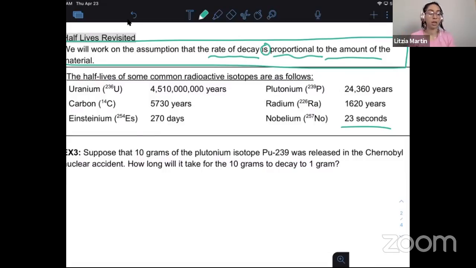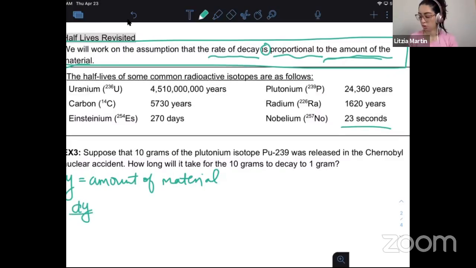And so all we have to do is come up with our rate equation and then convert that to y. So we're going to say y represents the amount of the material. And so the change in y over time, so the rate of decay is what that dy over dt represents, is proportional to the amount of material.